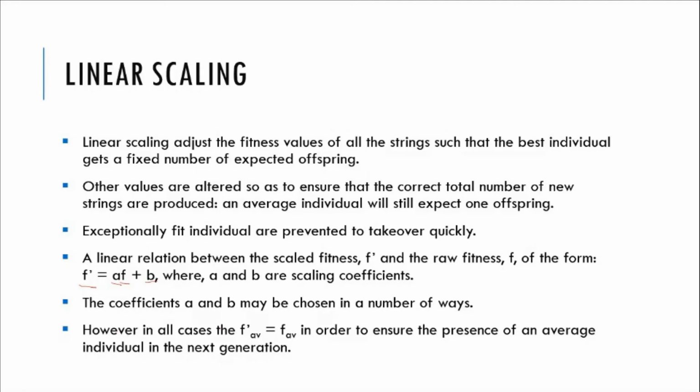In whatever case a and b are selected, this condition should be satisfied: the average value of the scaled fitness and the average value of the raw fitness should be equal. This is to ensure the presence of an average individual in the next generation, that is, an individual with average fitness will be selected.